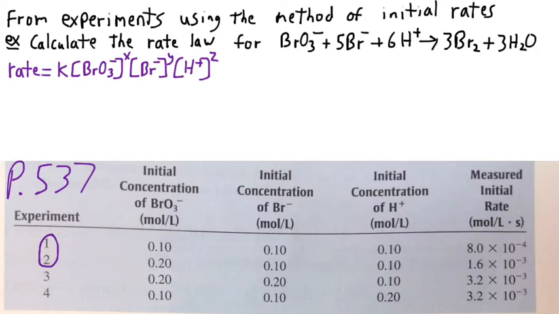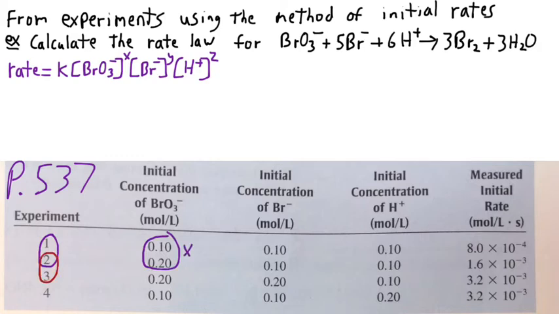So we can see that bromate is doubling. And then we look at the rate: 16 times 10 to the negative fourth and 8 times 10 to the negative fourth. So that means the rate is doubling. So when the concentration of bromate doubles, the rate doubles also. That means that the reactant order is 1.